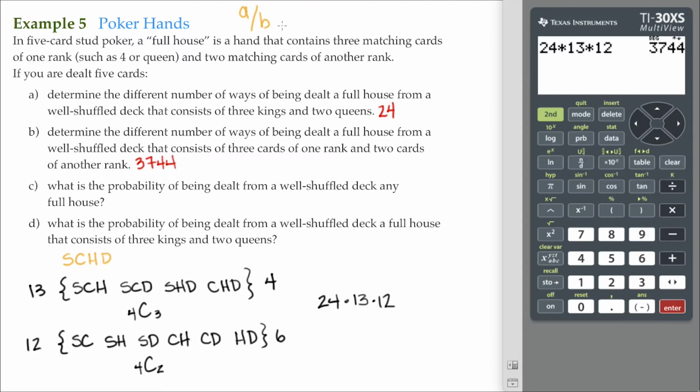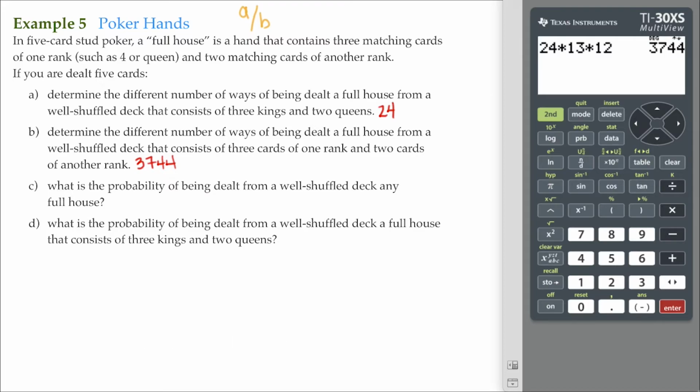Well, what is that? Well, how many different ways can we be dealt 5 cards out of 52 playing cards? Well, that's going to be 52 choose 5. There's 52 choose 5 different ways of being dealt 5 cards. That's our sample space.